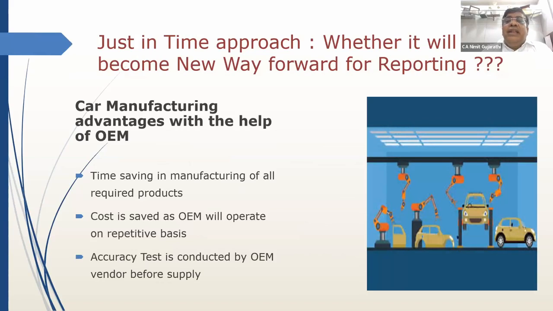Now there cannot be any excuse that I missed out on this, or I did not know this. Just like a car manufacturer cannot miss out on his brand, because ultimately his brand value is going to be affected. Same way, the professional brand will be affected if the reports are going wrong.